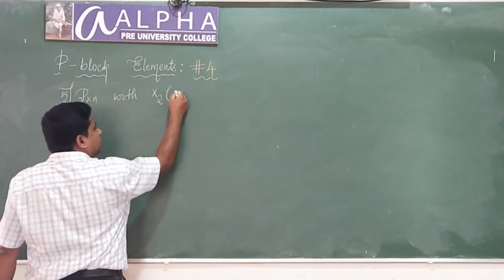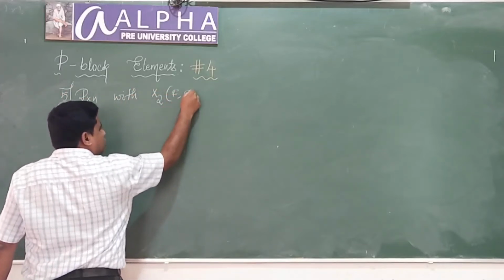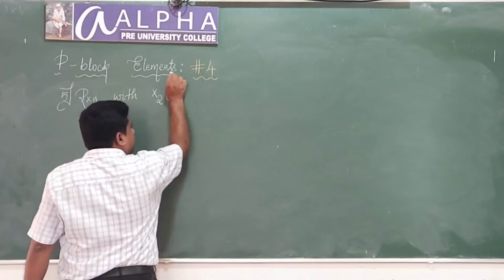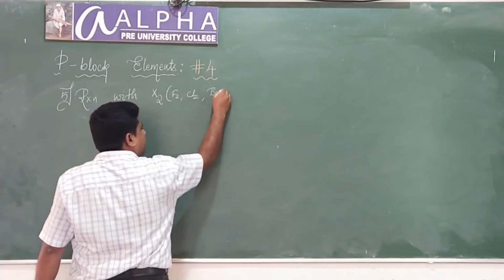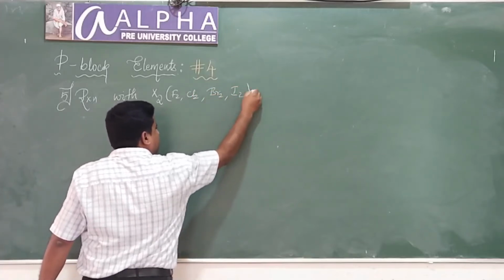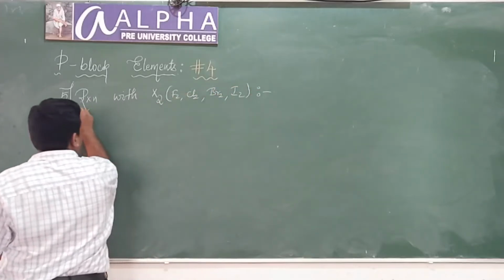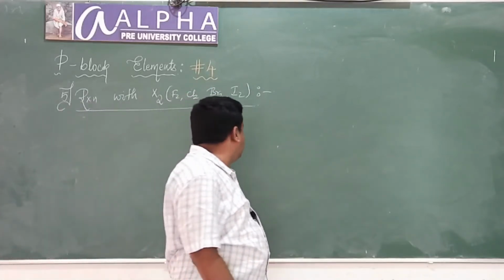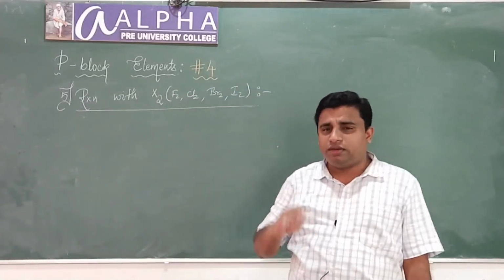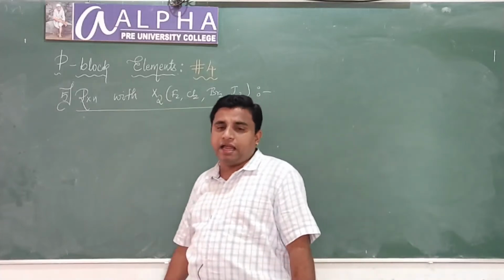Okay, what is that? Fluorine, chlorine: F2, Cl2, Br2 and I2. Fluorine, chlorine, bromine and iodine. Okay, reaction of boron family elements with fluorine, chlorine, bromine and iodine.